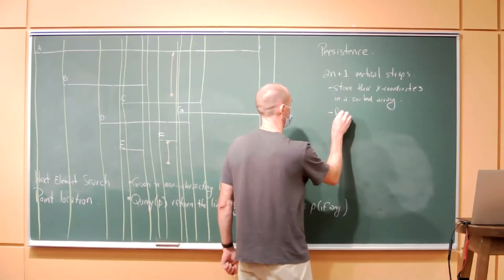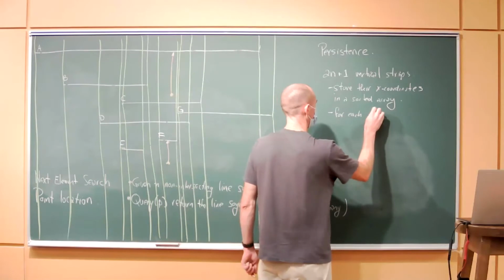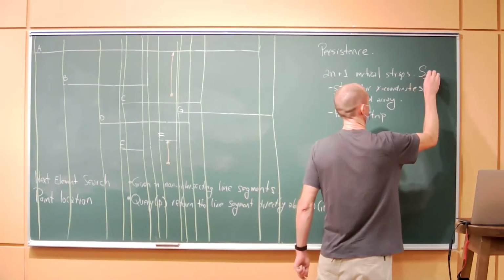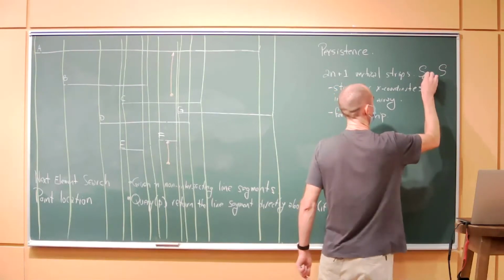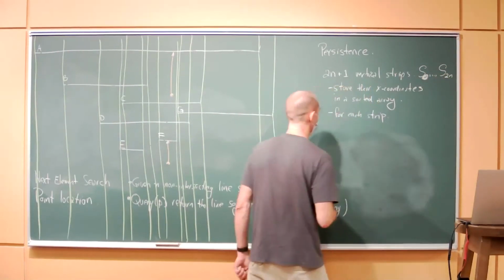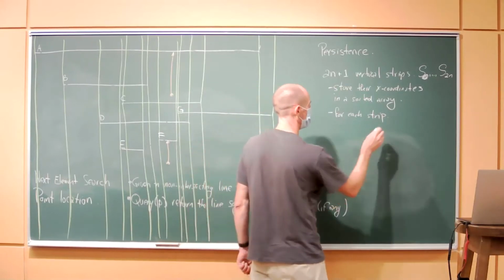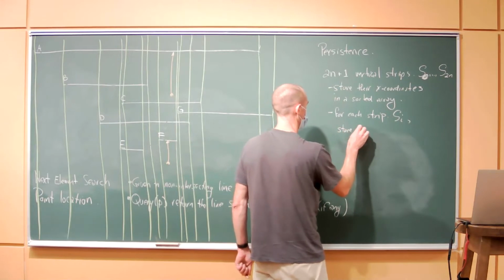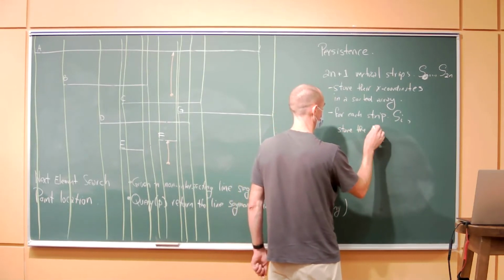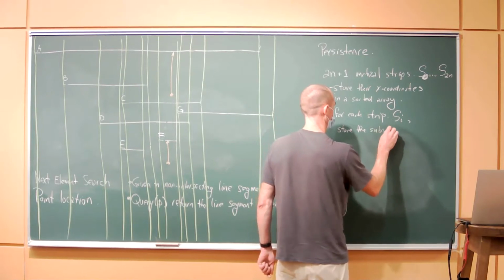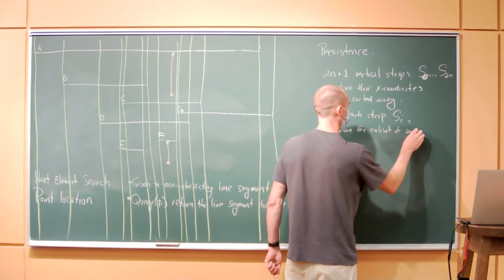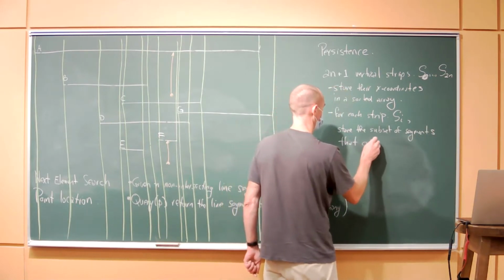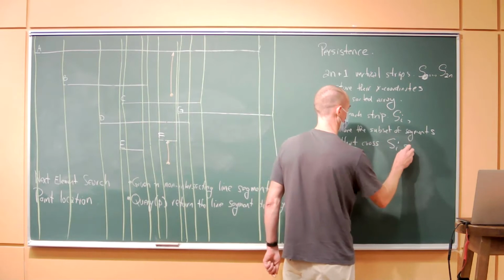And for each strip, let's call them S0 to S2n, for each strip Si, store the subset of segments that cross Si, sorted from top to bottom.